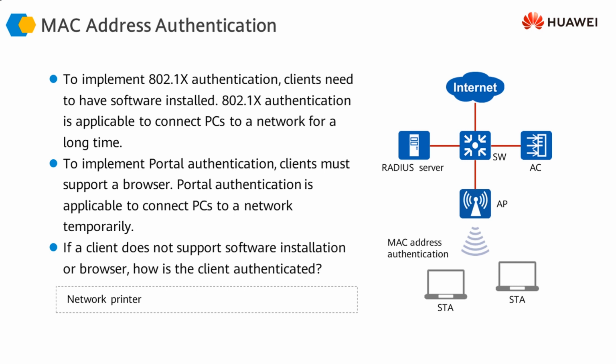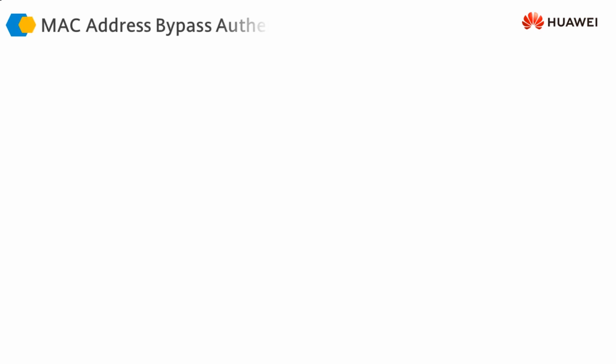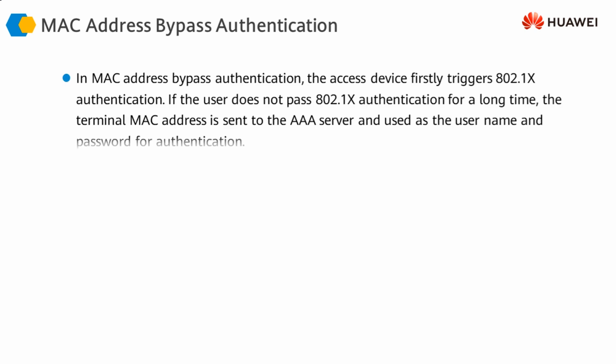We can also configure the Radius server to try 802.1x authentication first, and if the 802.1x authentication is not successful, then it can try to perform the MAC authentication. This is what we call MAC address bypass authentication.